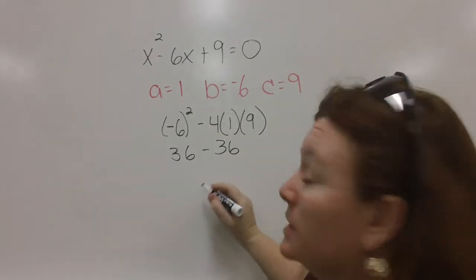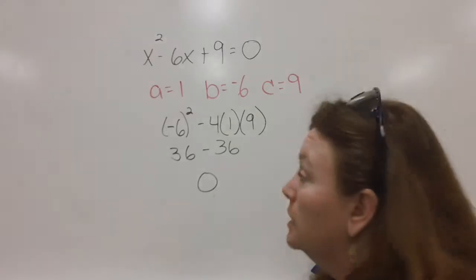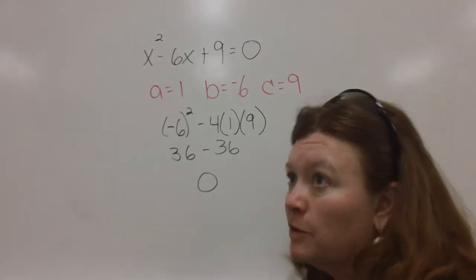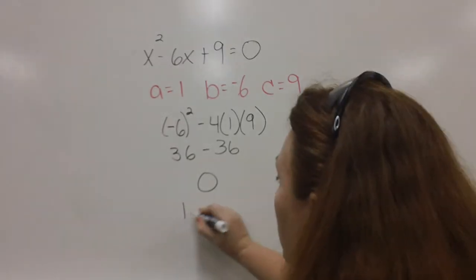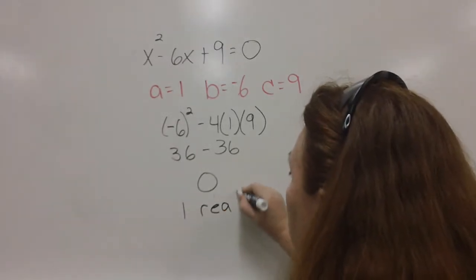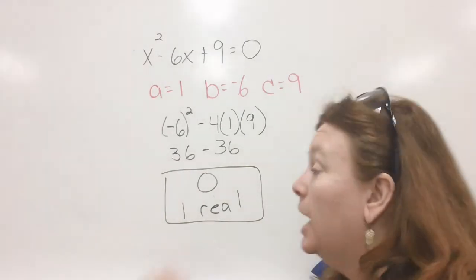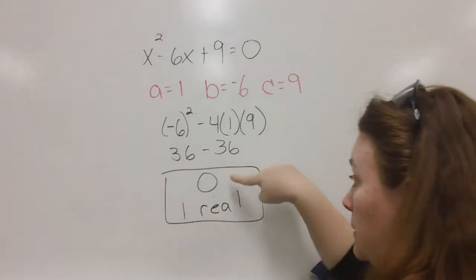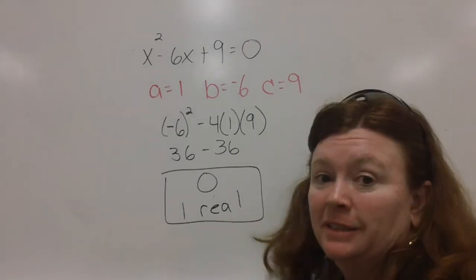My discriminant is 0. What is the nature of the roots? All right, when I have b squared minus 4ac equal to 0, that means I'm looking at one real solution. I did not ask for what that solution is. I just want to know the discriminant and the nature of the roots. All right? Okay.